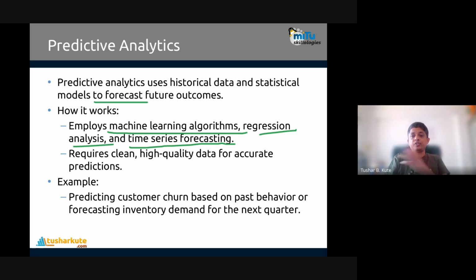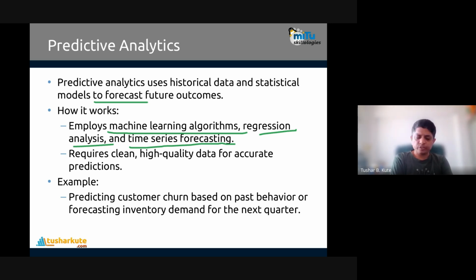One example I mentioned: predicting customer churn based on past behavior, or forecasting inventory demand for the next quarter. Whether a customer will leave the company or not. A person's health parameters are analyzed and whether he will have diabetes or not, whether he will have cancer or not, what is the probability of having something in future, what is the probability of having rain today.